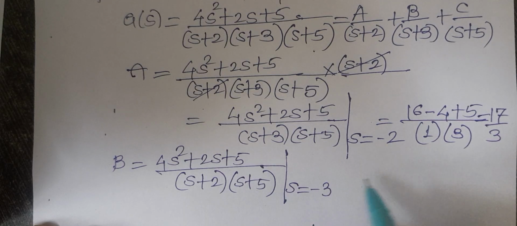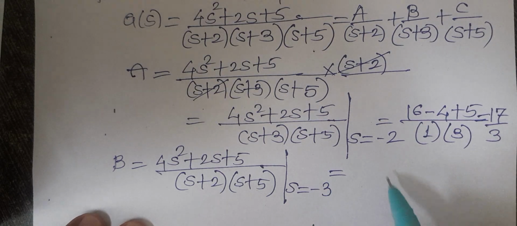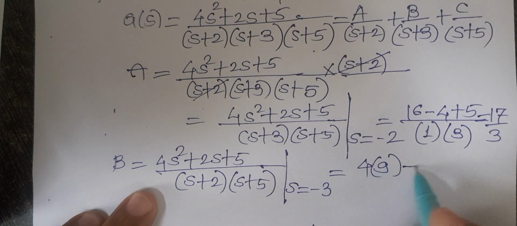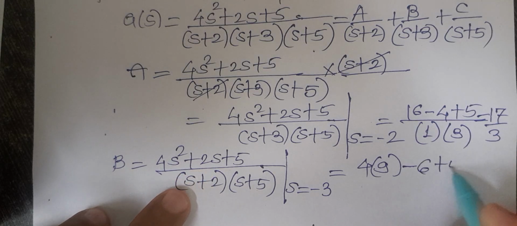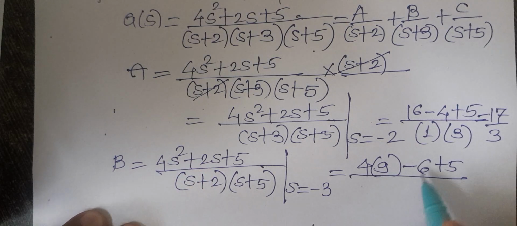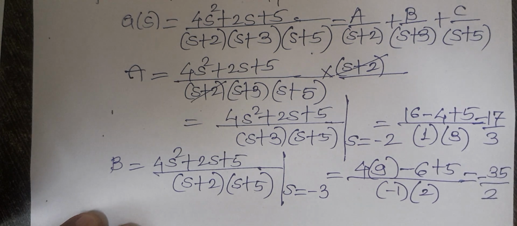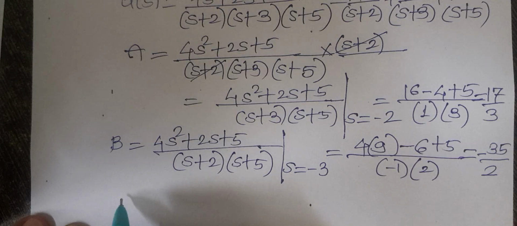We get 4 into 9, minus 6, plus 5, divided by minus 1 into 2. So we get minus 35 by 2.